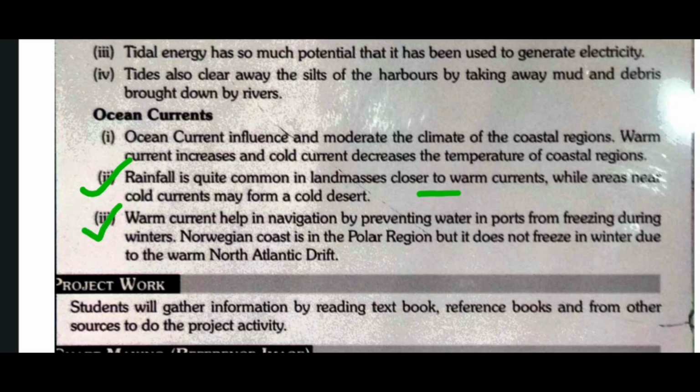Warm current helps in navigation by preventing water in a port from freezing during winter. Norway's coast is in the polar region, but it does not freeze in winter due to the warm North Atlantic drift. So that's it.